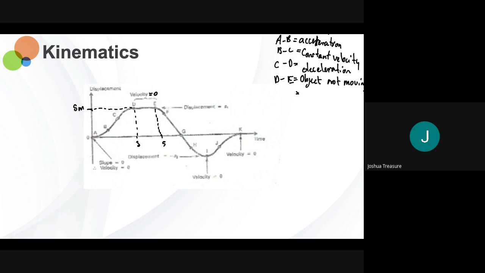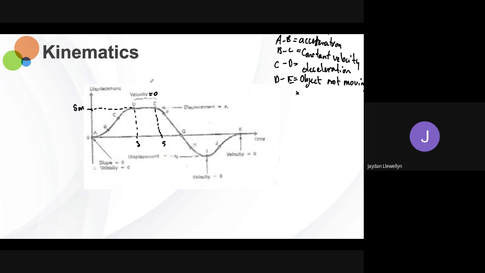You slow down, so you decelerate, and then from D to E, you're at Tasties, and you're not moving, right? You're not moving from D to E. You're stuck at Tasties, so your velocity is 0, object not moving. All right, is that better?